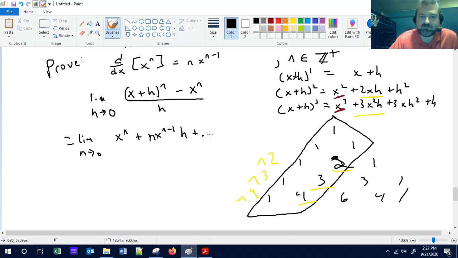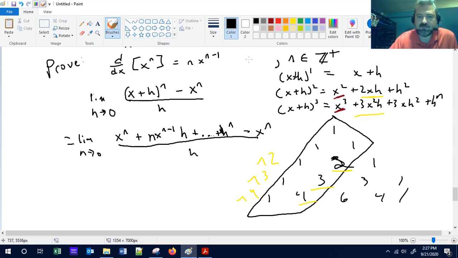And then there's going to be a bunch of other stuff that's all going to have an h squared, h cubed, h to the fourth. They're all going to be h values higher than 1 up until they get to h to the n. So the last term won't have an x in it, it'll have an h to the n. Then minus x to the n still from that, all over h.